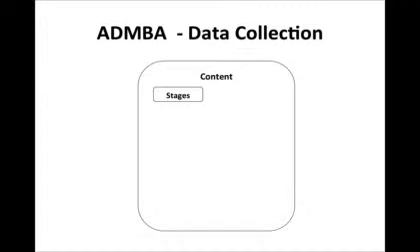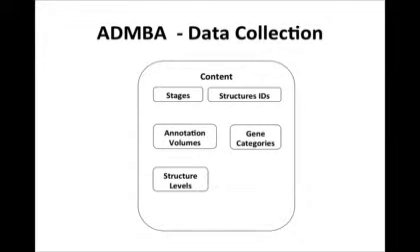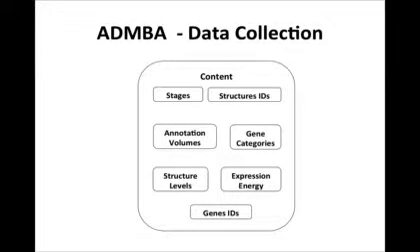Data collection. Through the data collected, we are focusing on the following content: stages, annotation volumes, structure levels, structure IDs, gene categories, expression energy, and gene IDs. Working with data.